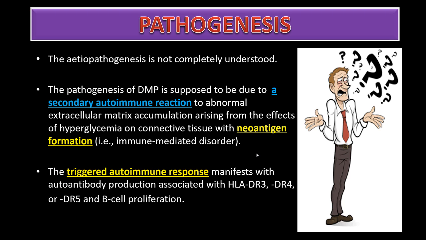The triggered autoimmune response manifests with autoantibody production associated with HLA-DR3, DR4, or DR5, and B-cell proliferation.